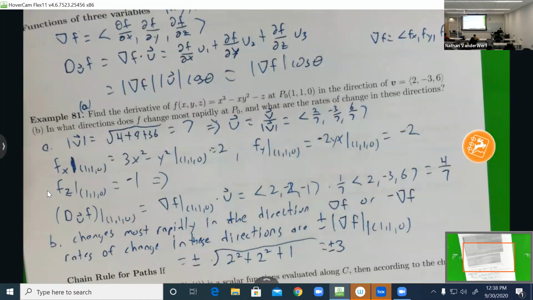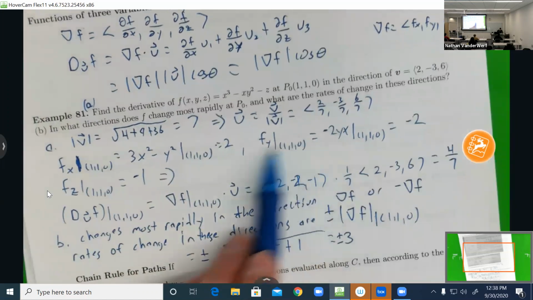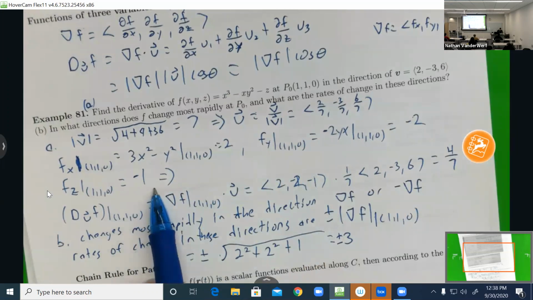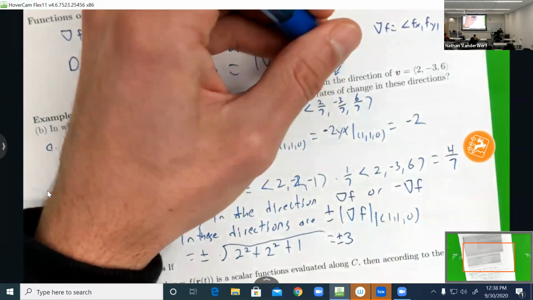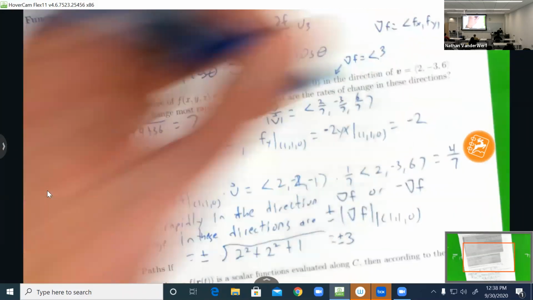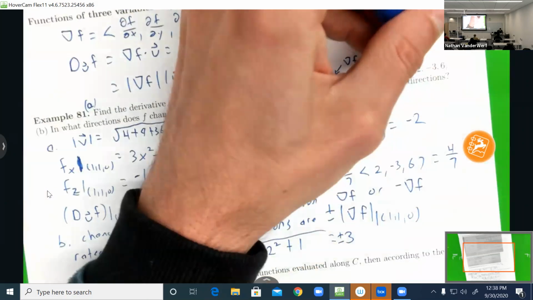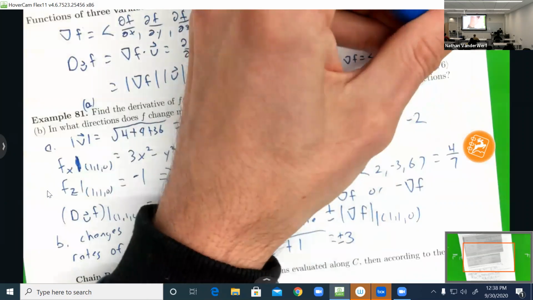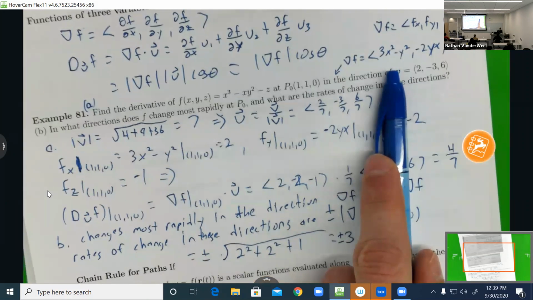So it's just the vector of the partial derivatives. Oh, so you just plug in. And I evaluated them at (1, 1, 0). So I just did them each independently right here. For example, if we were to write the gradient of f for this problem, for any point it would be 3x squared minus y squared, minus 2yx, minus 1. But then we just evaluated that at (1, 1, 0).